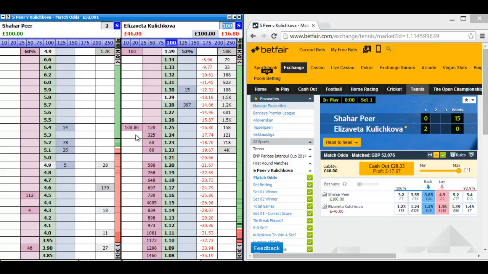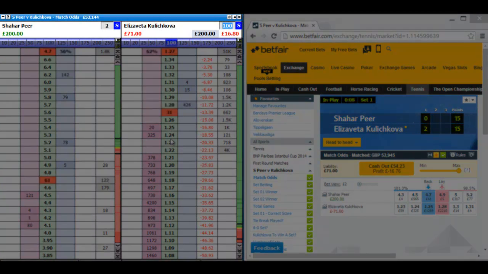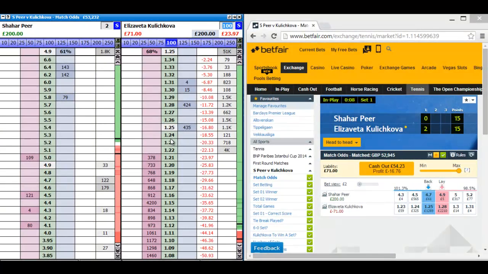I'm going to get matched here at 1.25. Remember that she started off pre-match trading at around 1.46. So we've gone in again, and our liability now has increased to £71, as you can see, and we have £200 green on the underdog Shahir Peer.